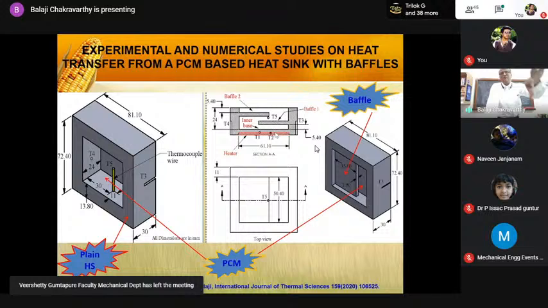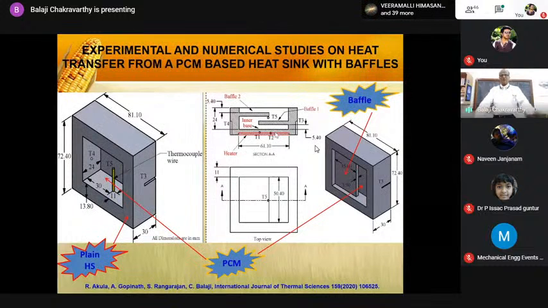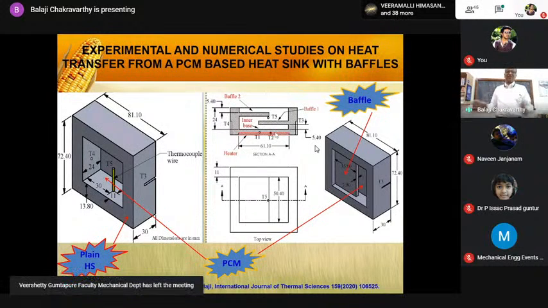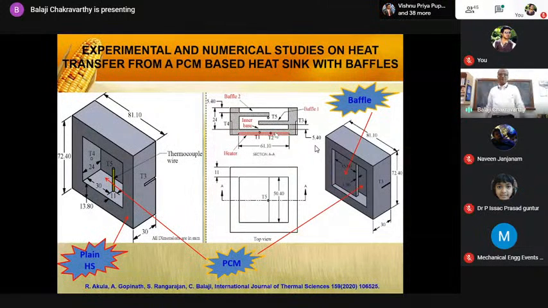So: with baffle, with PCM; with baffle, no PCM; no baffle, no PCM. You can have multiple combinations. Then you study it scientifically, do a repeatability test, do the uncertainty analysis, find out what the uncertainties and errors in the measurement are. No cheating, report it properly. If you are not getting results, find out where a thermocouple is not working properly, something is leaking, or it is not heating, and fix all the problems.